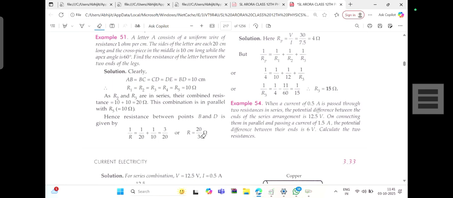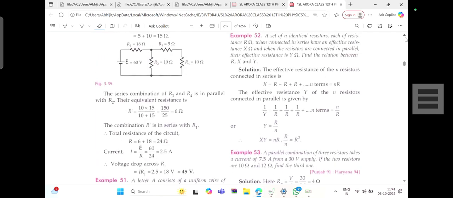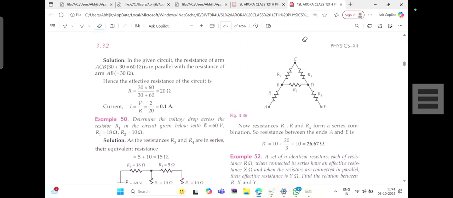That means r equals 20 by 3 ohm. This 20 by 3 ohm is in series combination with R1 and R4. That means 10 plus 20 by 3 plus 10 equals 26.67 ohm, which is the right answer for this question.